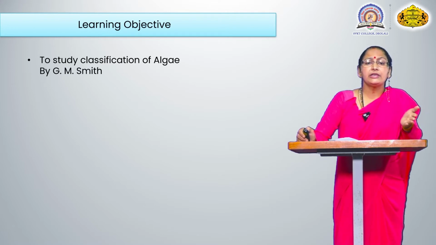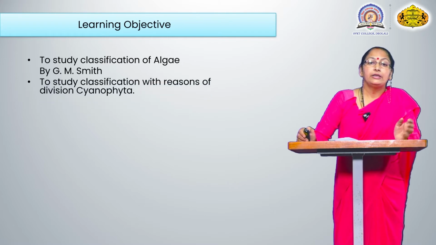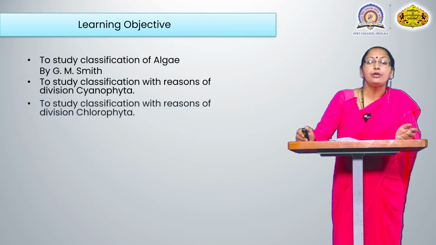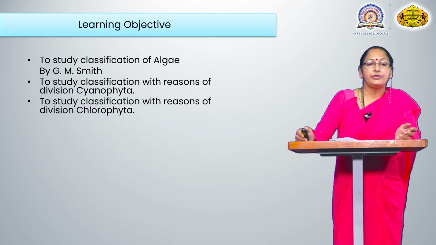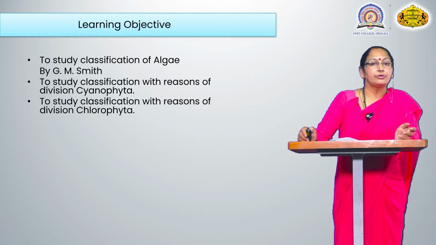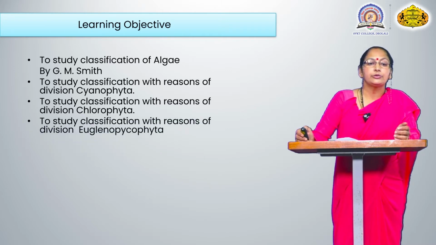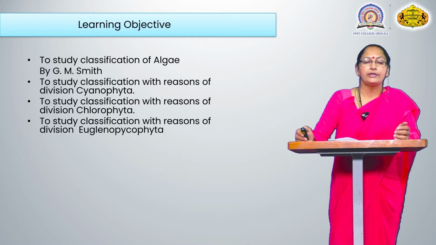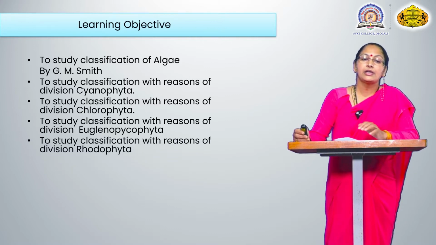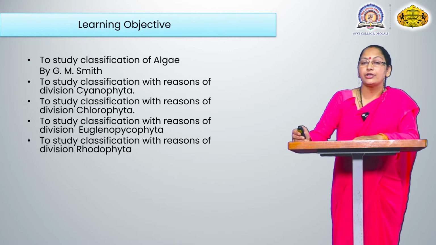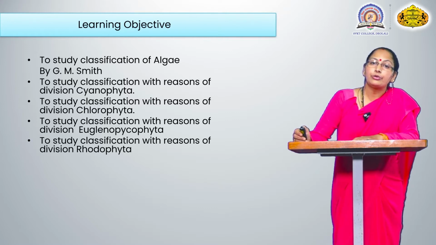To study the classification of algae by G.M. Smith in 1955 in our syllabus, first we study the classification with the regions of the division Cyanophyta, then the division Chlorophyta, then the division Euglenophyta, and last the division Rhodophyta.